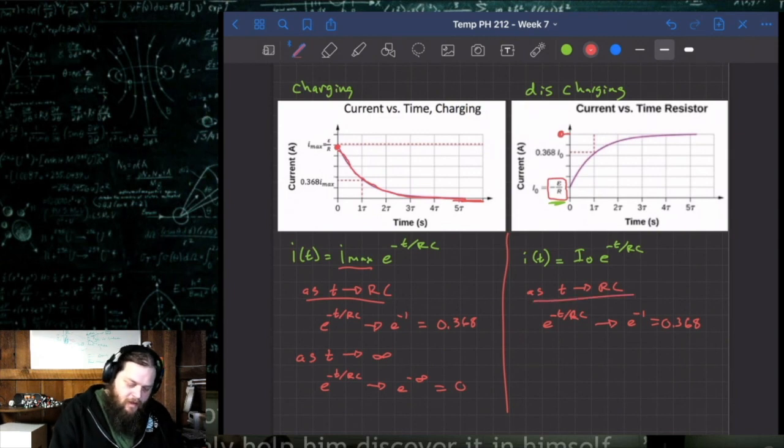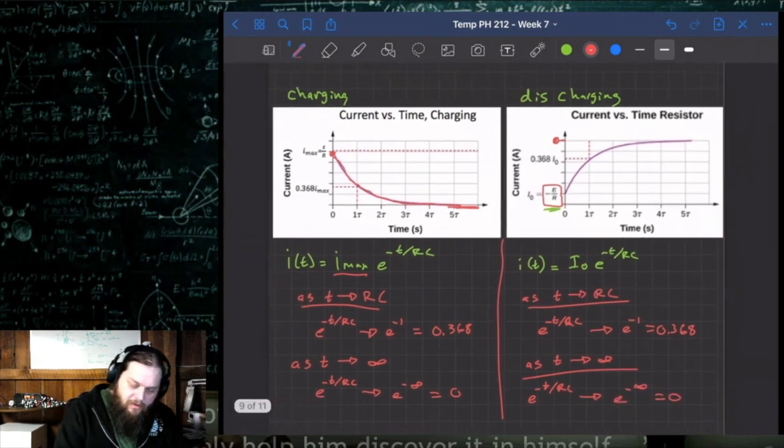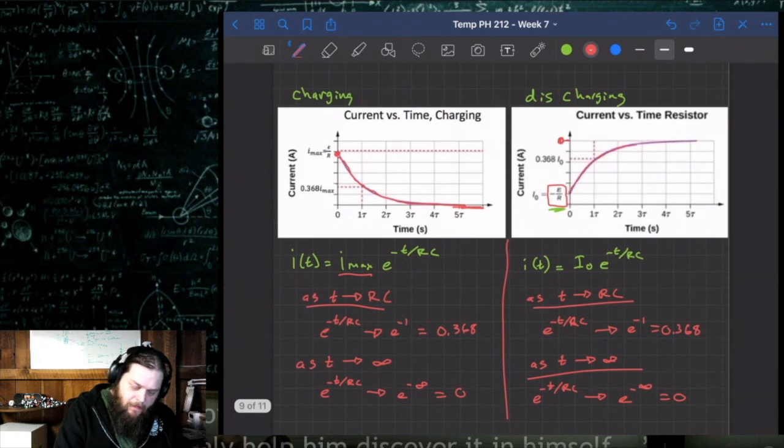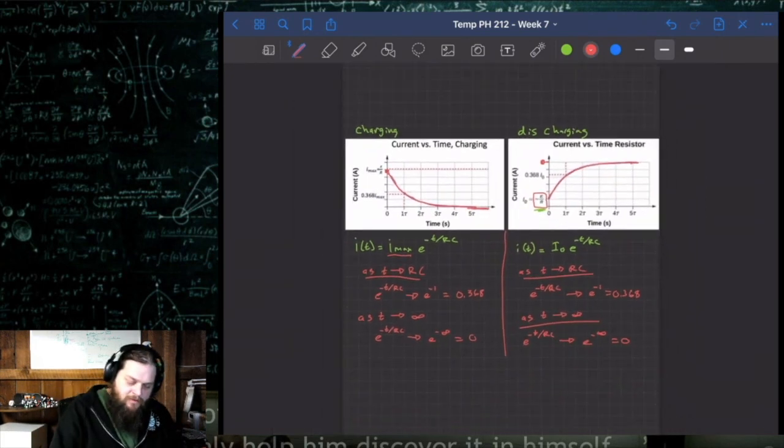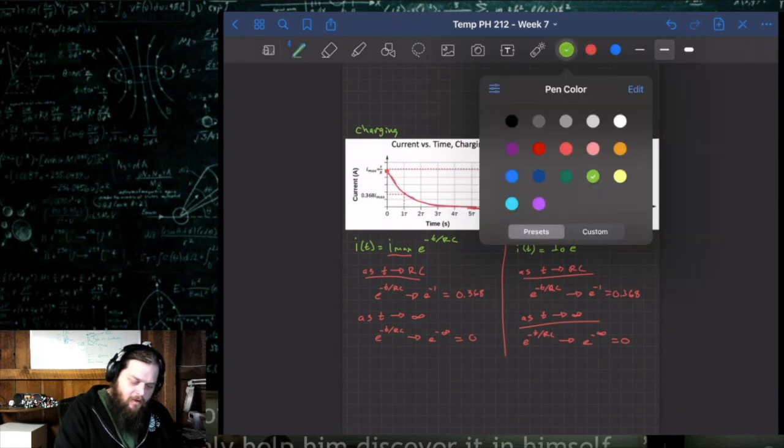And again, as time approaches infinity, t over RC approaches e to the negative infinity, which is equal to 0. So it always approaches 0, and eventually we have 0 current going through there. Remember, it starts out as a negative current and kind of decays up to 0. And this is for the current in an RC circuit.